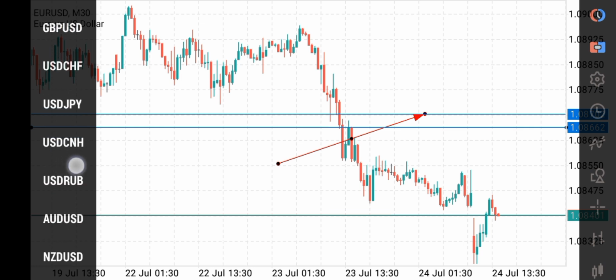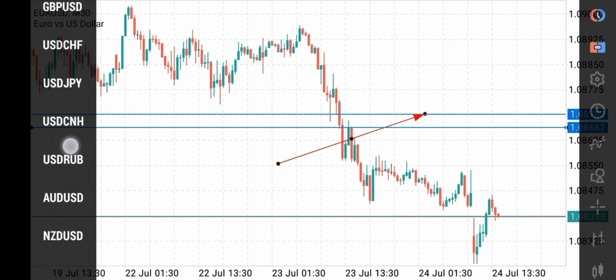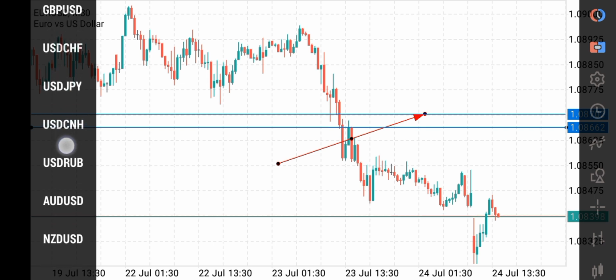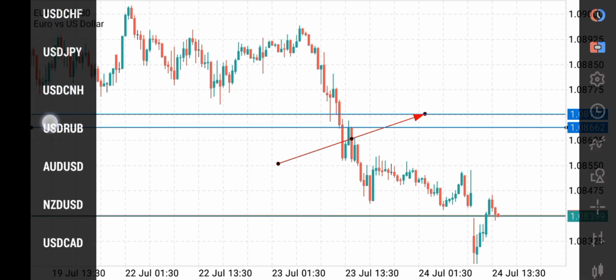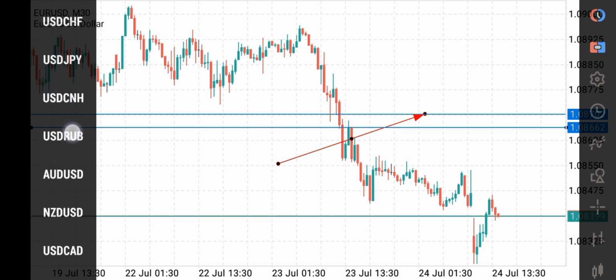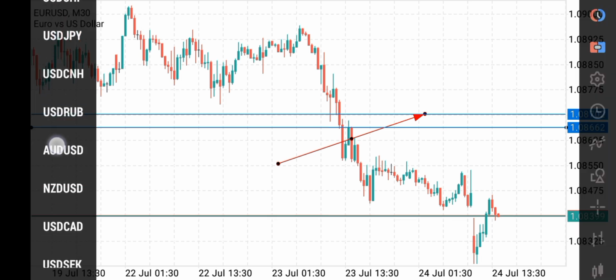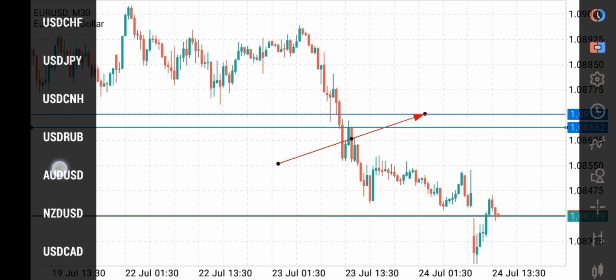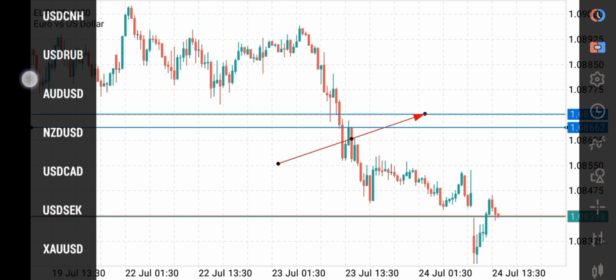The third one you can see is USD CHF, that CHF simply means chef, the short form of Swiss francs. And the next one you can see is USD JPY, that is US dollar and Japanese yen. Japanese yen is the foreign currency used in China. So there are so many foreign currencies here.